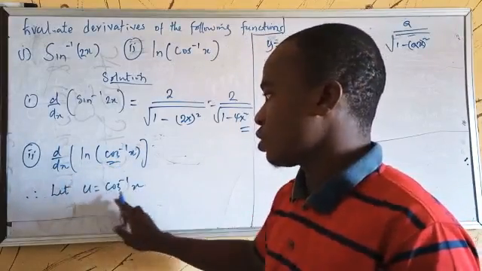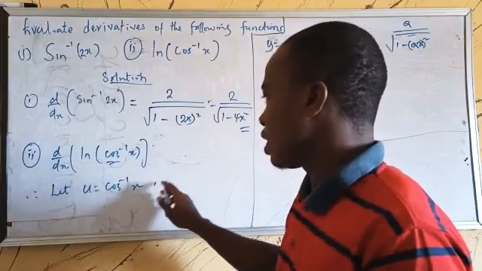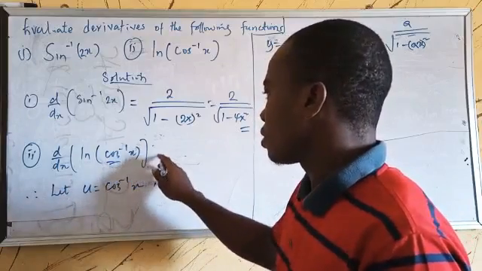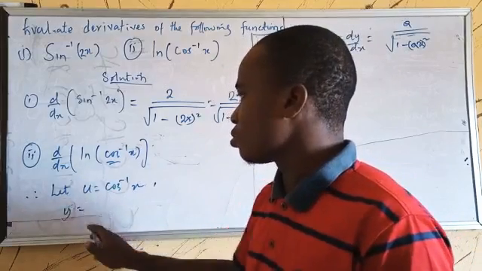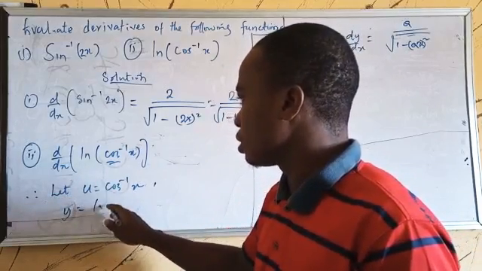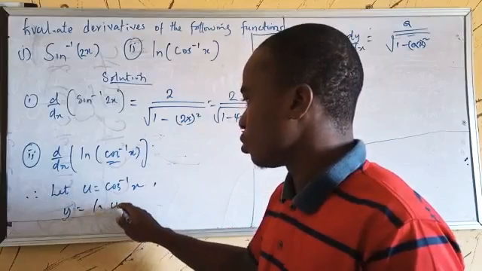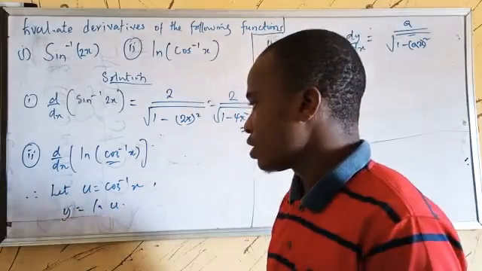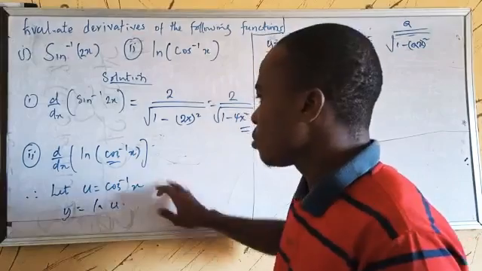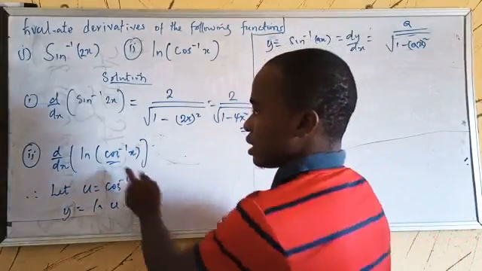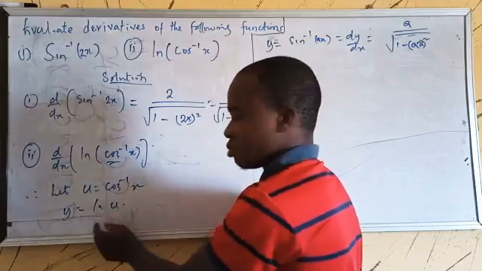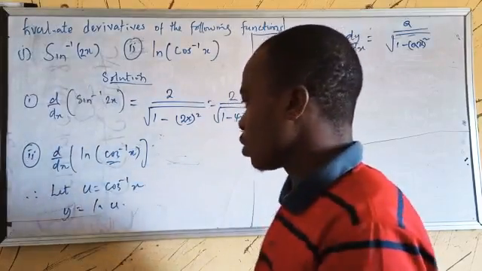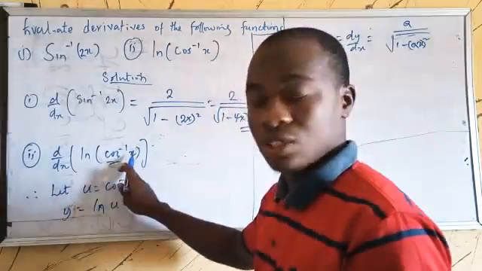So if u equals this, then y equals ln u. Are you getting it? So y is ln u, because the cos inverse of x will automatically turn to u.